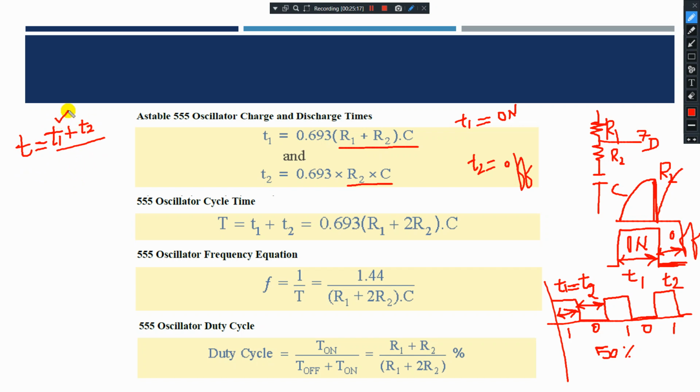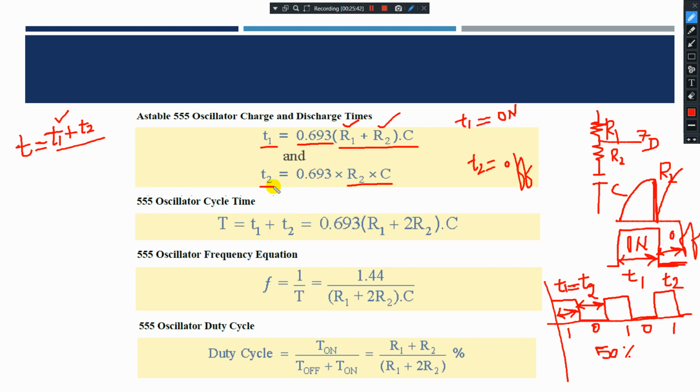To calculate T1, we take the standard formula 0.693 times R1 plus R2, times C. So here we are taking R1 as well as R2, times C. Add these and multiply with C to give you T1.